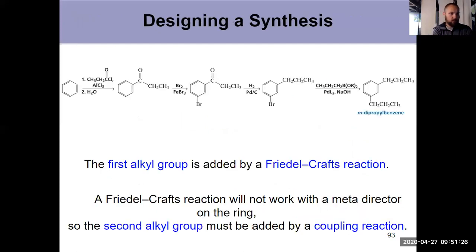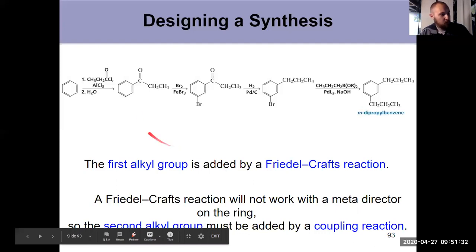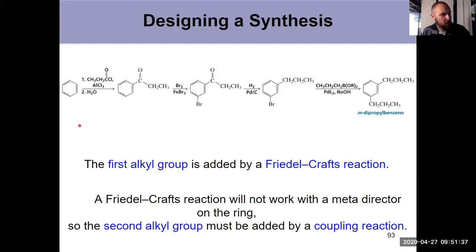We see in this step here, the first alkyl group we put on by a Friedel-Crafts reaction, but if I wanted to add another alkyl group, I can't do that if I have a meta director, so I have to do the second alkyl group by a coupling reaction from chapter 11.